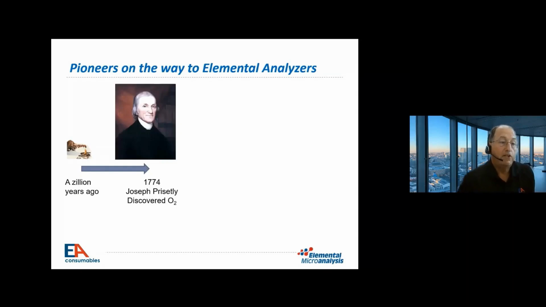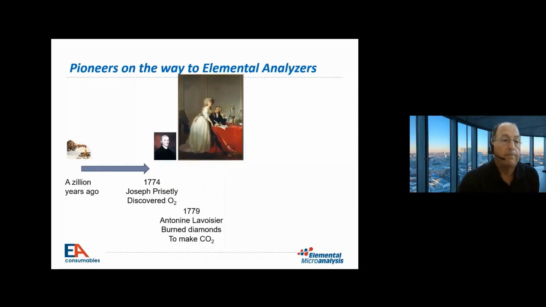Then we take a big jump to Joseph Priestley in 1774, who discovered oxygen. After that, in 1779, we have Antoine Lavoisier. I'm probably pronouncing that incorrectly. He burned diamonds to make CO2. This picture is probably of his wife prior to him burning her diamonds. I'm sure she was not too happy about all of this.